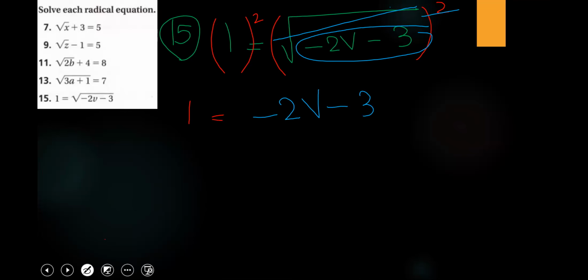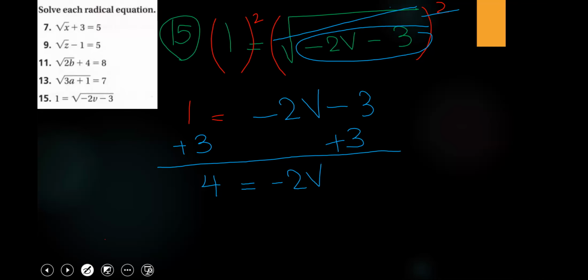Then we have to add 3 to both sides. Exactly, thank you, Basma. So 3 plus 1 is 4 equals negative 2v.